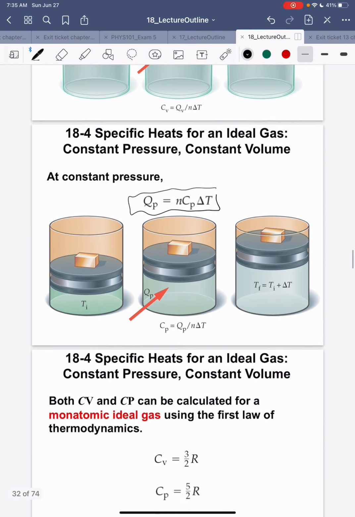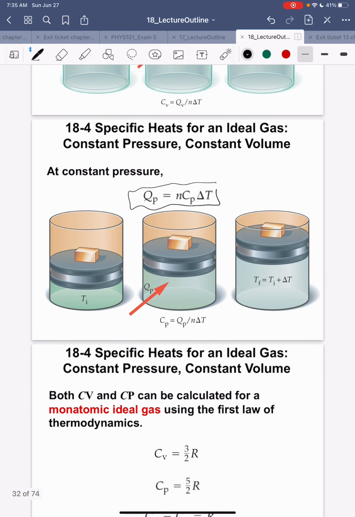Now, both CV and CP can be calculated for a monoatomic ideal gas. Monoatomic means, remember, one atom only. These are the members of group 8, like helium, argon, neon, okay?